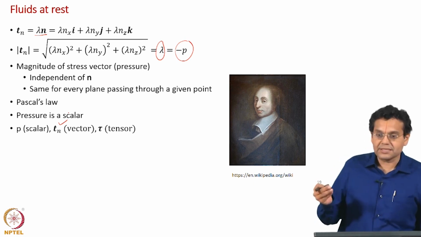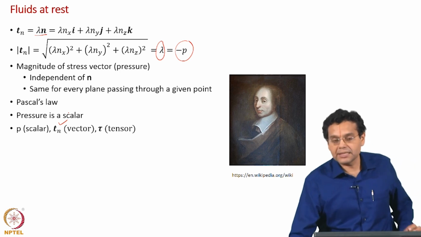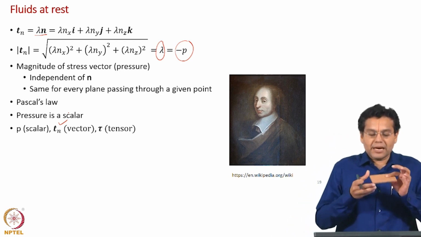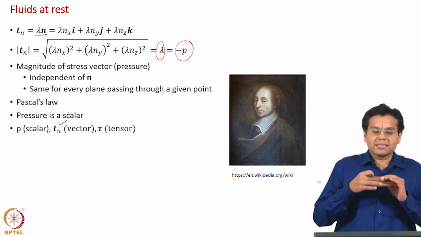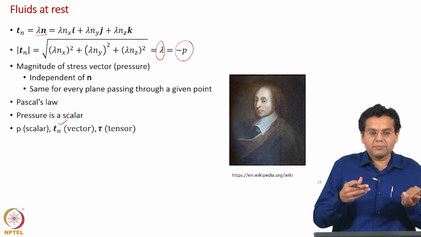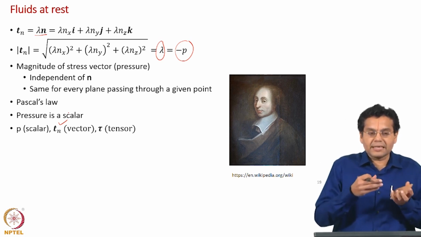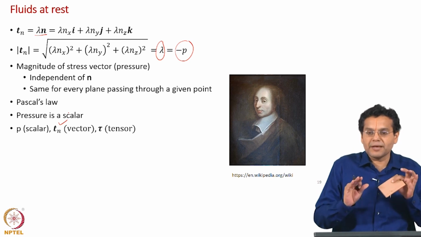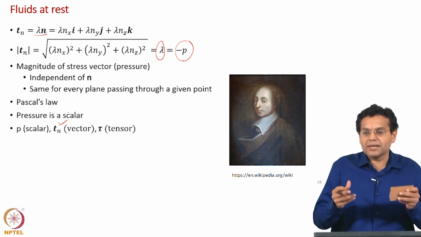Now go to stress tensor. What does it say? At the same point you can have any number of planes, stress tensor will give you information about stress vector acting on all the planes. So, you are not specifying any plane at all there, that is why it is a stress tensor.